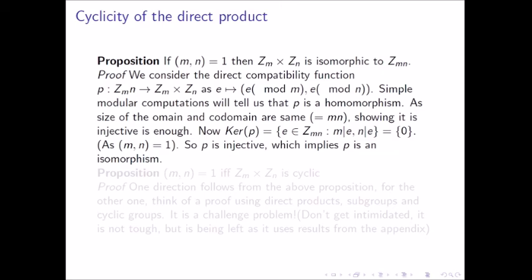Because (m, n) is equal to 1, this would imply ker P is the set of a belonging to Zmn such that mn divides a, because both of them are coprime. But that's basically 0, the identity of Zmn. So P is injective as the kernel is just the identity, and this implies that P is an isomorphism.